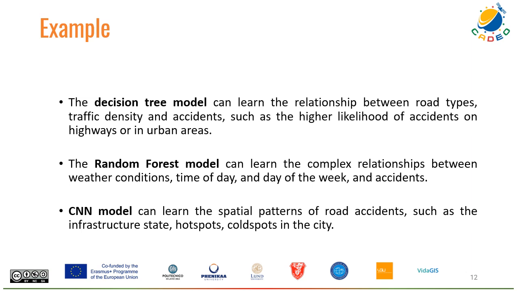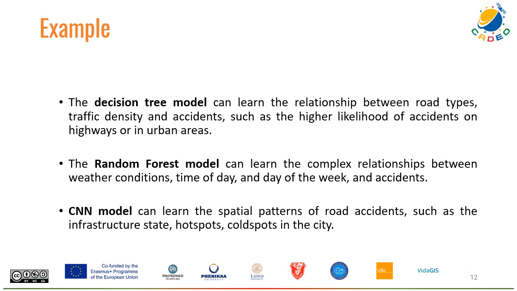And the last base model is a CNN. Convolutional neural networks are suited for learning spatial patterns, making them ideal for analyzing the spatial distribution of road accidents. They can identify infrastructure states, hotspots, and cold spots in the city by analyzing spatial data like location coordinates or route types.